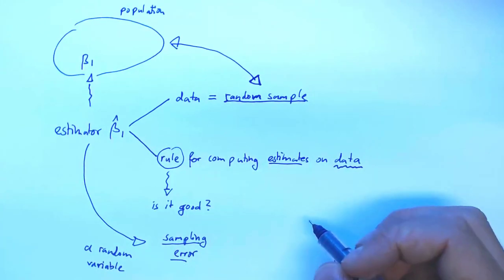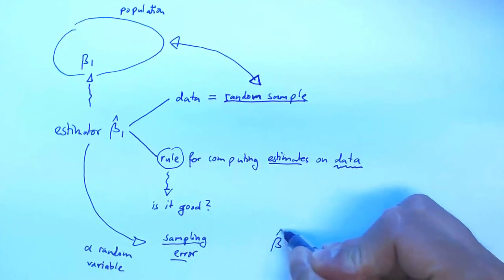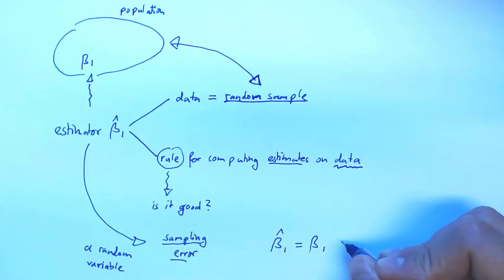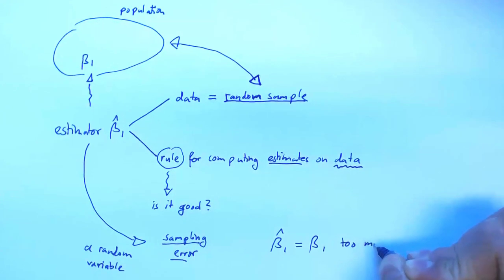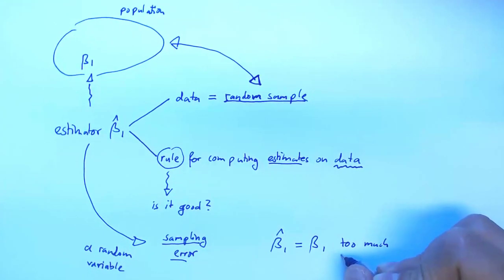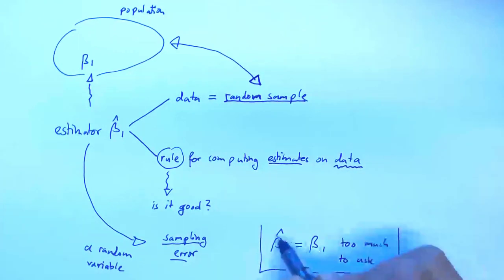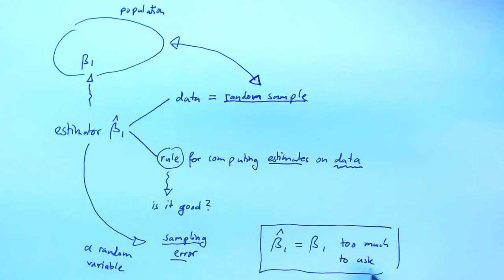So it's clearly too much to ask that beta 1 hat should always give us the true slope coefficient. That won't work, right? So beta 1 hat will sometimes be too large, sometimes be too small. But we can still say that beta 1 hat is a good estimator.